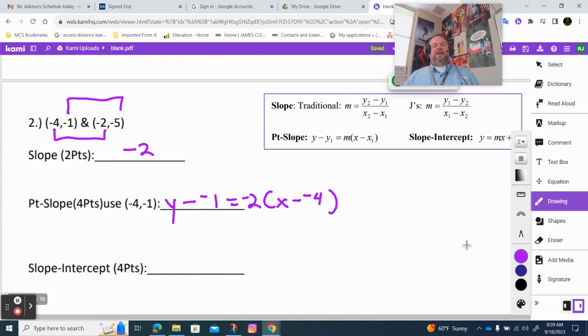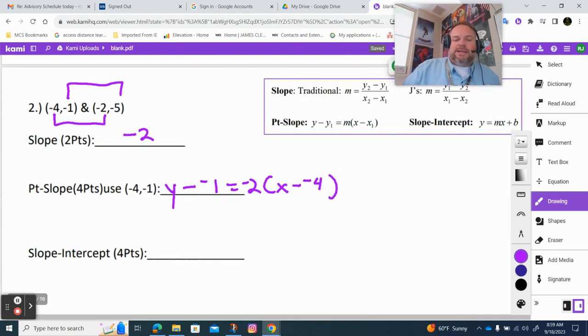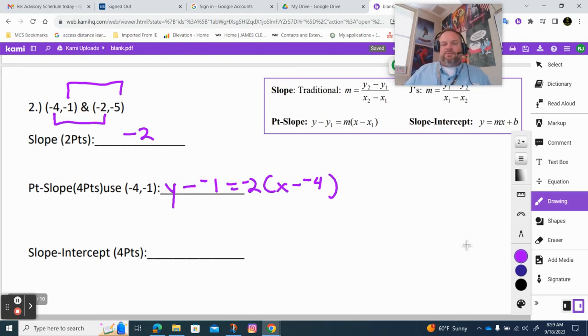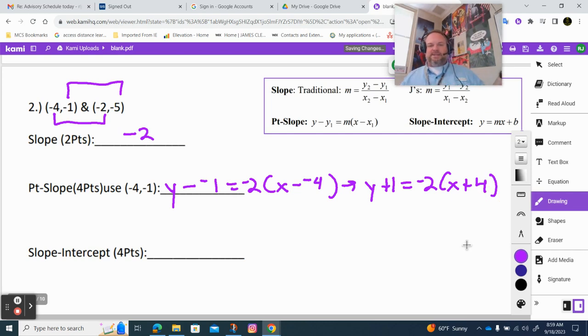Now, if you happen to do it like that, I'm not going to really count off, but technically it should be written like this, with those minus and negatives turned to positives.